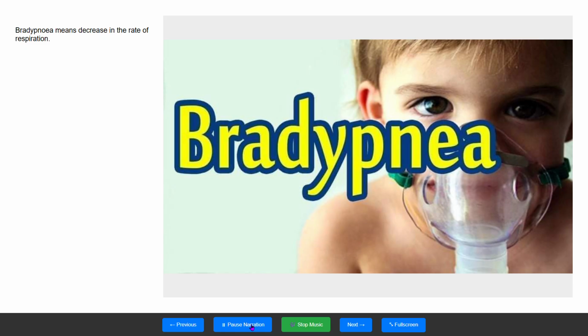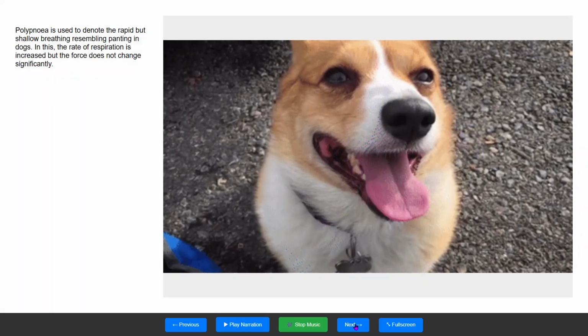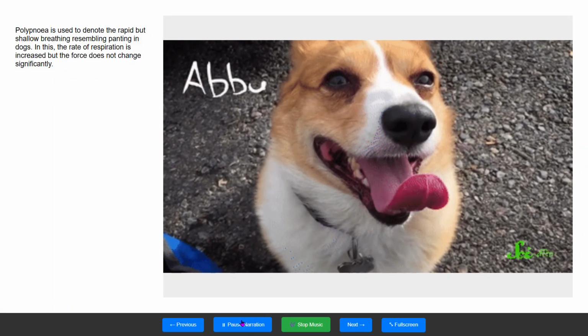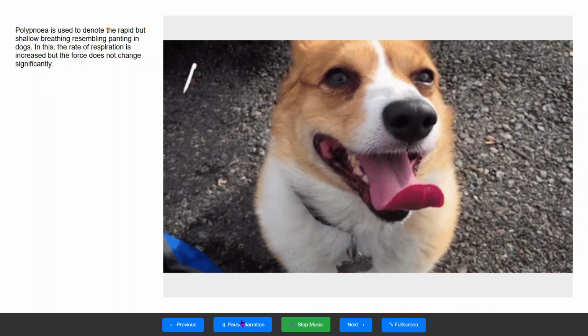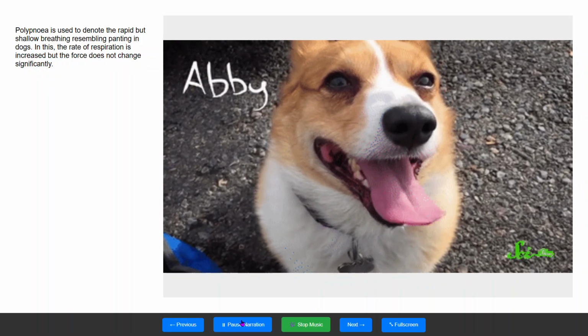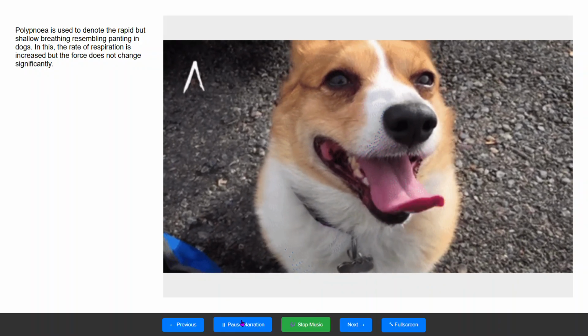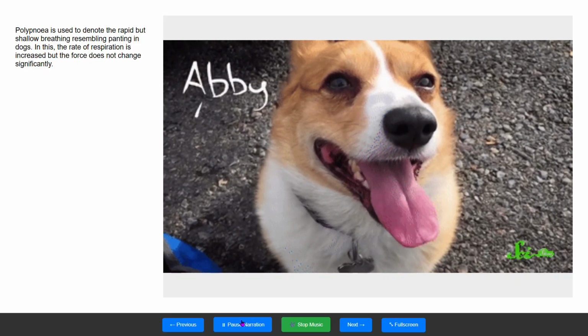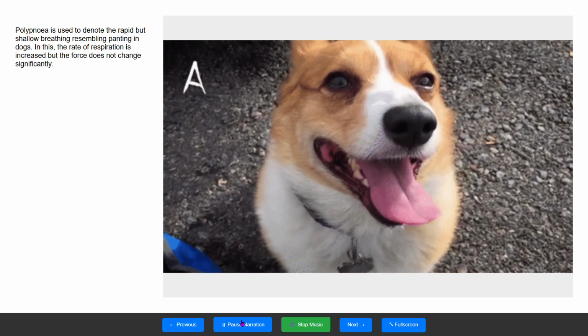Bradypnoea means decrease in the rate of respiration. Polypnoea is used to denote the rapid but shallow breathing resembling panting in dogs. In this, the rate of respiration is increased but the force does not change significantly.